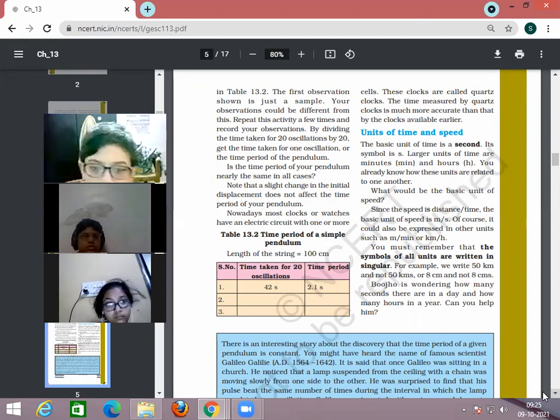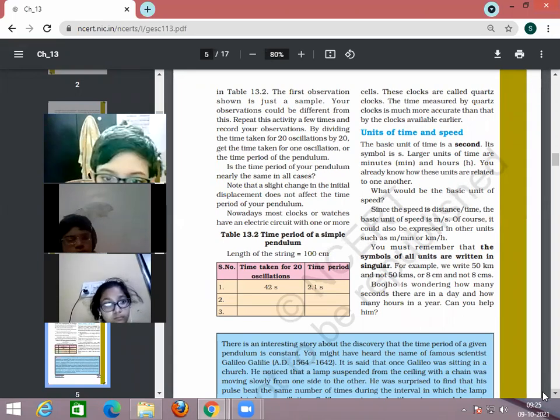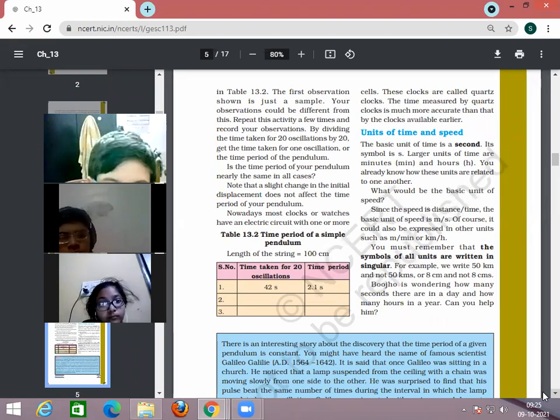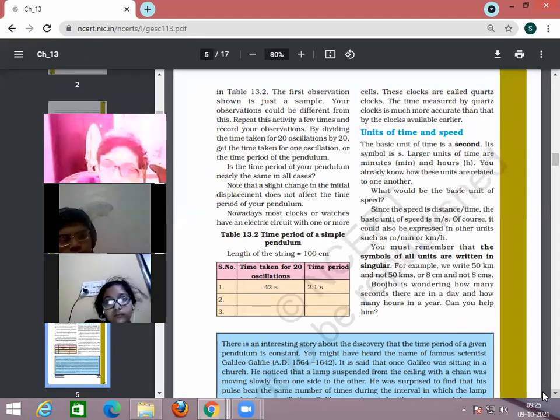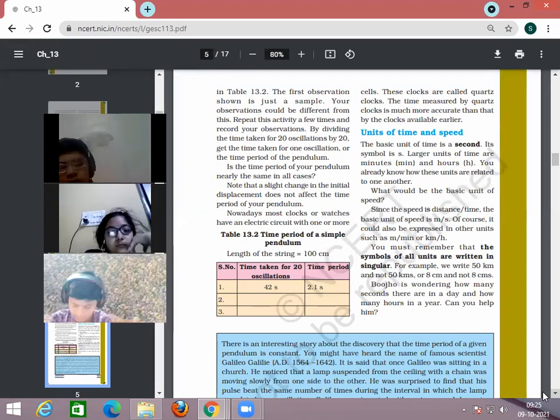The first observation shown is just a sample. Your observation could be different from this. Repeat this activity a few times and record your observation. By dividing the time taken for 20 oscillations by 20, get the time taken for one oscillation, or the time period of the pendulum. Is the time period of your pendulum nearly the same in all cases?